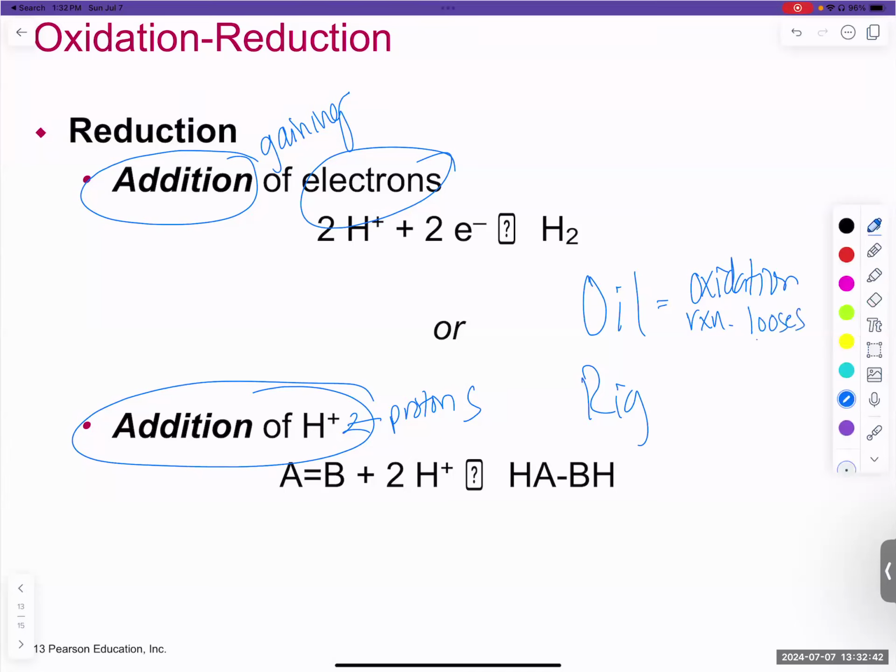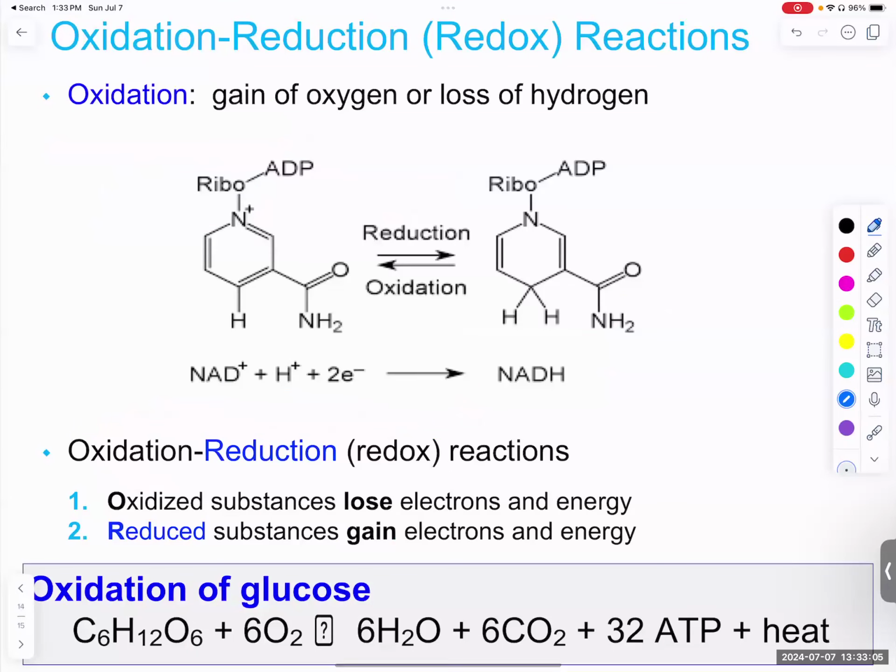Oxidation reactions lose electrons and protons. Reduction reactions gain electrons and protons.